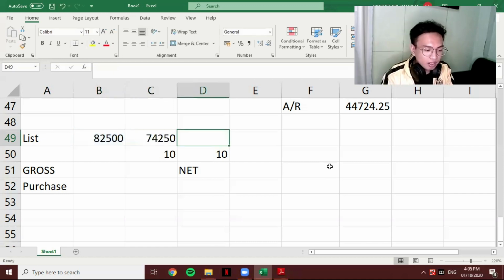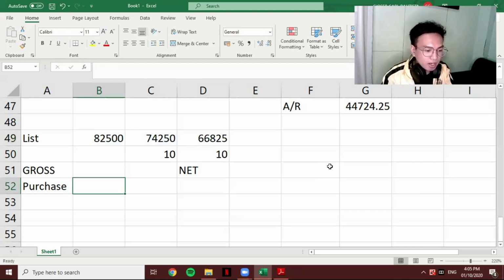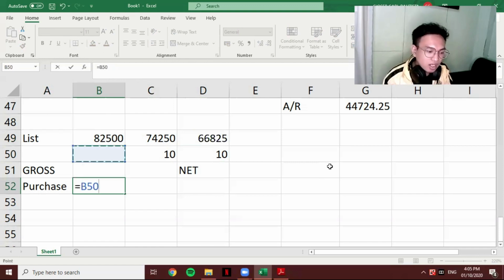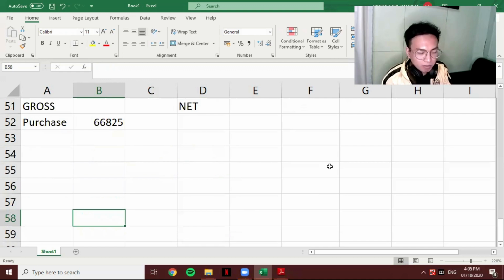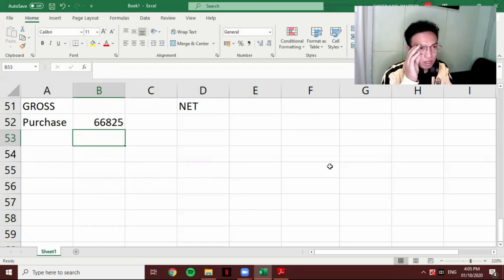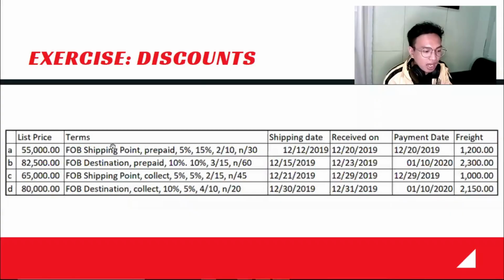And also, 0.9 to get our gross purchase amounting to 66,825. Now, since we already have the gross purchase sans the trade discount, let's ask naman, atin ba yung shipping or the freight?